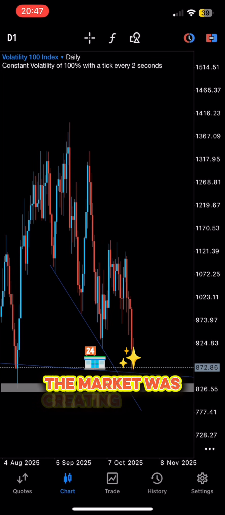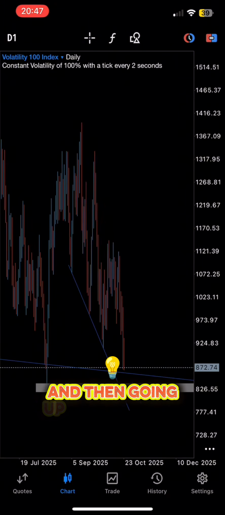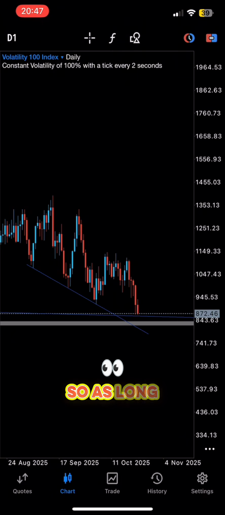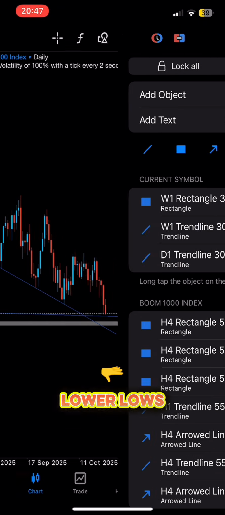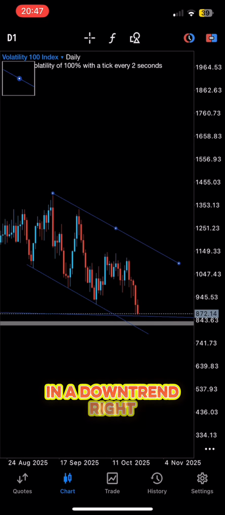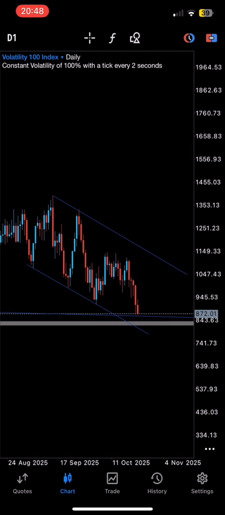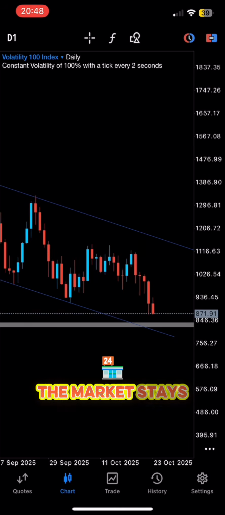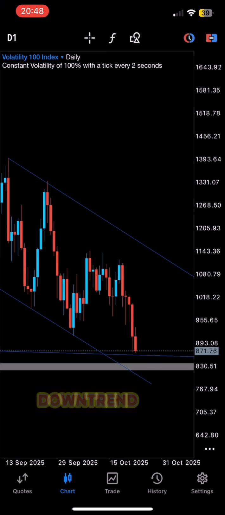The market was creating lower lows, then going up and creating lower highs, and then creating more lower lows. As long as you see lower lows, the market is in a downtrend. As long as there is no change of character, the market stays in the downtrend, right?